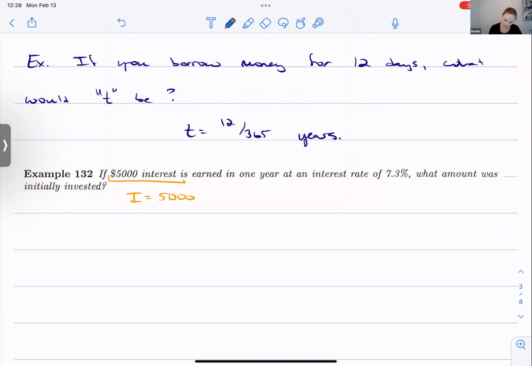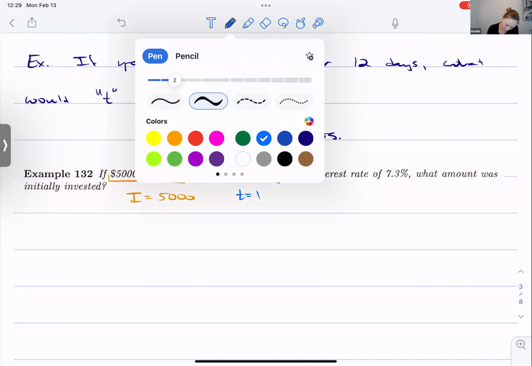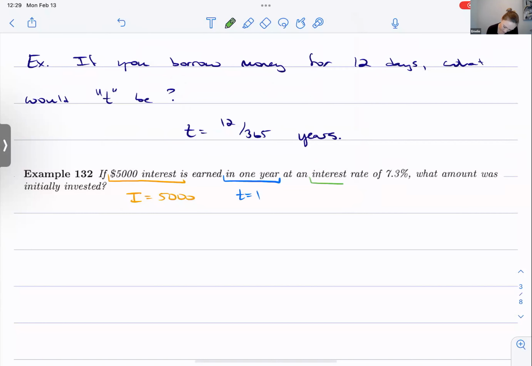And that amount is earned in 1 year. Okay. So T is 1, right? Just remember that T is in years. And of course, this is our first example, so it's going to be very, very simple. Okay. And the interest rate is 7.3%. Okay. So I have the rate was 0.073.